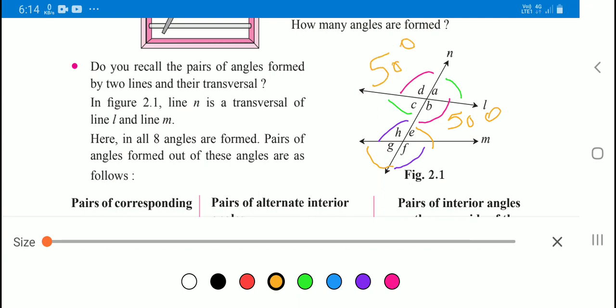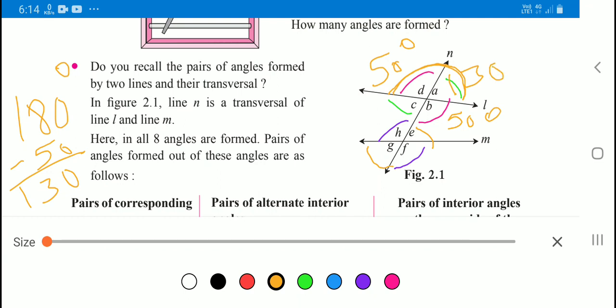Now look, if you want to find the measure of A and C, you can see that these two angles are in a linear pair. And what is the measure of a linear pair of angles? It is 180 degrees. So to find the measure of A, we have to subtract 50 from that. Then you will get 130 degrees. So what is the measure of angle A here? 130. C is the opposite angle, so the measure of C is also 130.